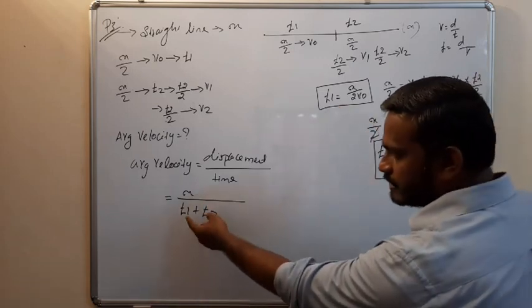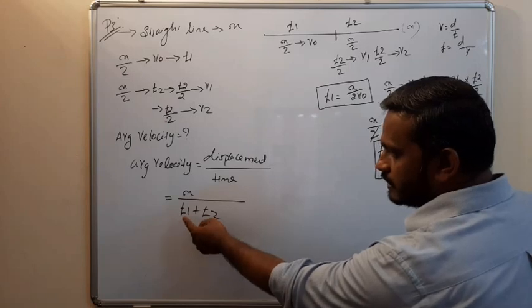So we get t1 and t2, and the total distance is x. To find the average velocity, we need t1 plus t2.